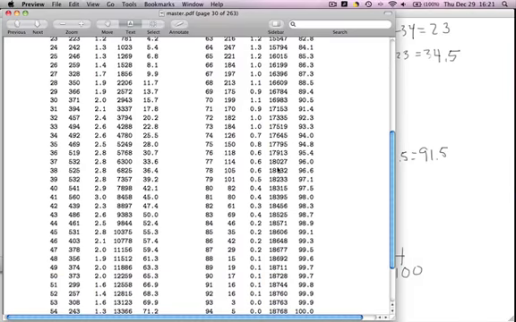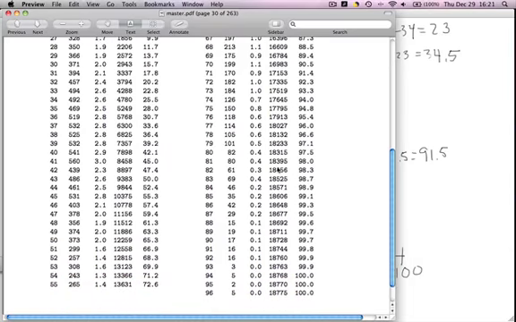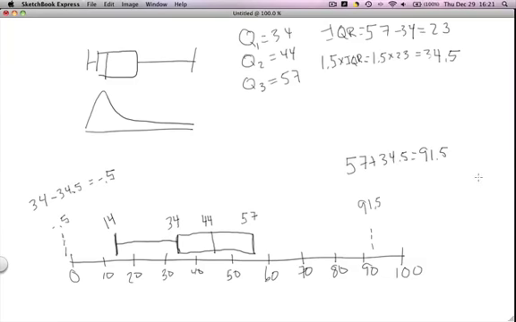There are probably some 91.5-year-olds in this data, but nobody recorded 91.5. They recorded either 91 or 92. So since there are no 91.5s, that is not going to be my real whisker. We're going to take the largest value in the data set that's less than or equal to that. So the largest value is 91. My real whisker then falls at 91.